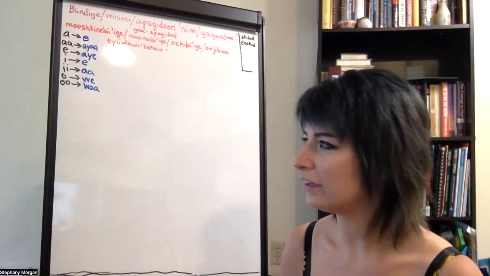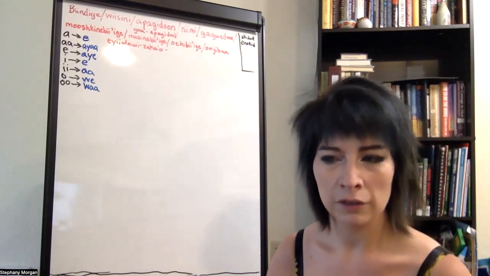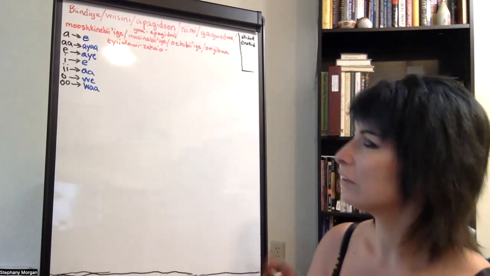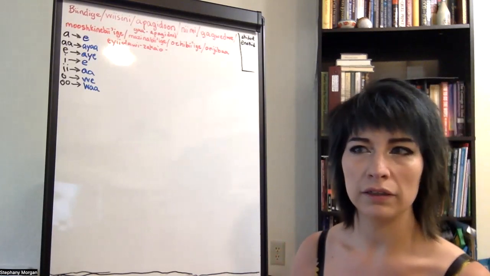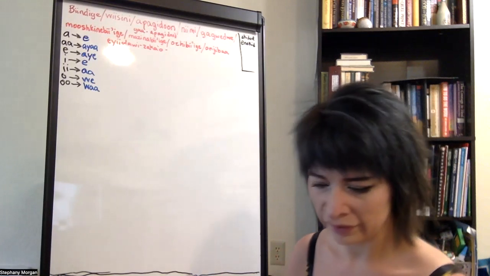Annie, today we are going to talk about initial vowel change. We've already talked about initial consonant change, so this is similar, but it actually alters the meaning of words.